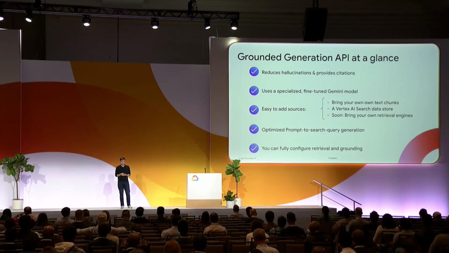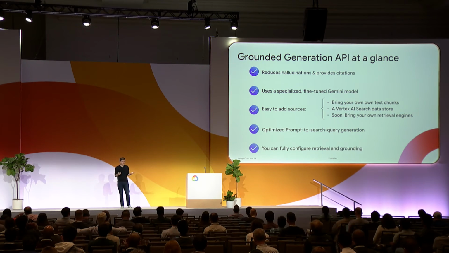So today you can give it text chunks that you retrieved. They could have come from vector search, or you can connect it to a Vertex AI search data store. We're also working on making it very easy for you to add your own retrieval engines, your own search engines to it. It could be an Elasticsearch engine or a SQL database.